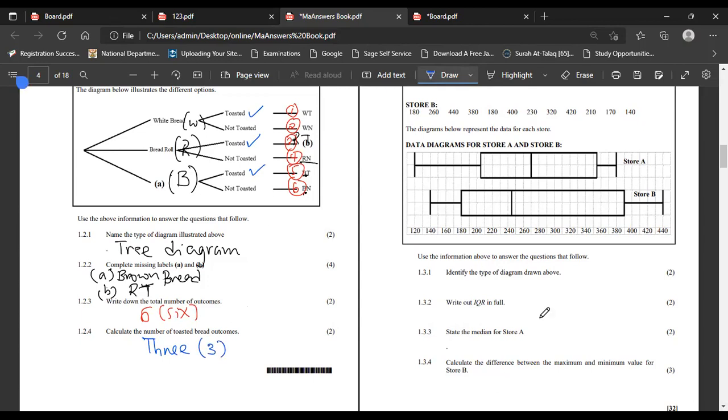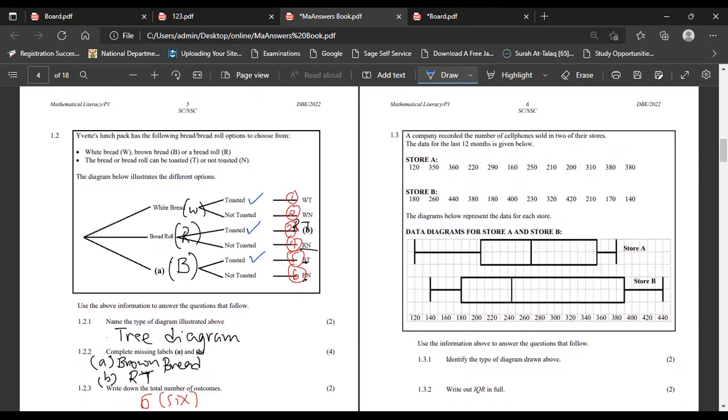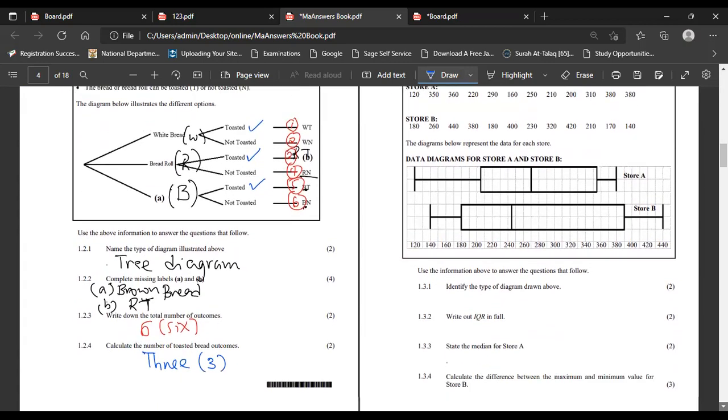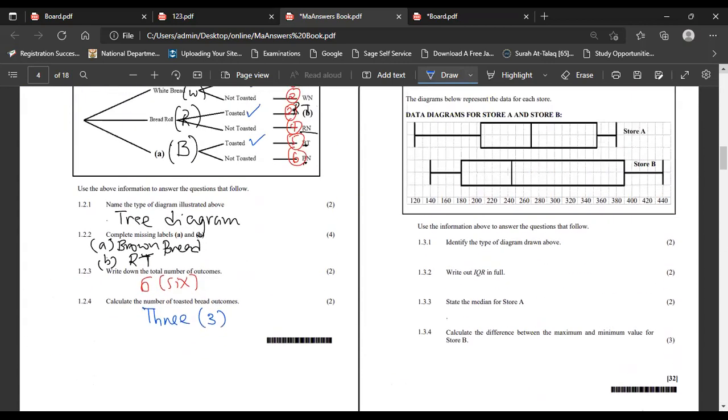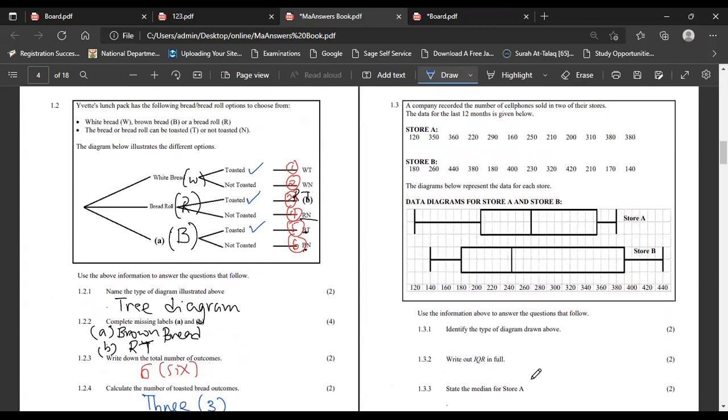All right. And so we go on to the next question, 1.3.1. That's what you're looking at. It starts by asking us what type of diagram is drawn above. Identify the type of diagram drawn above.